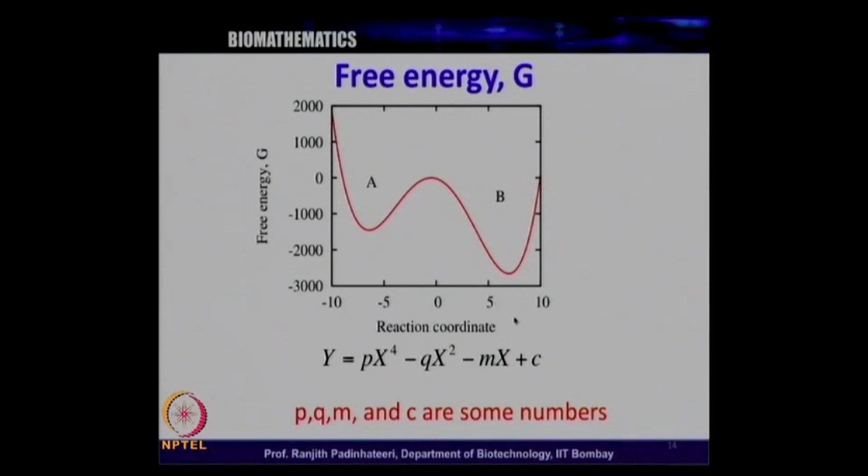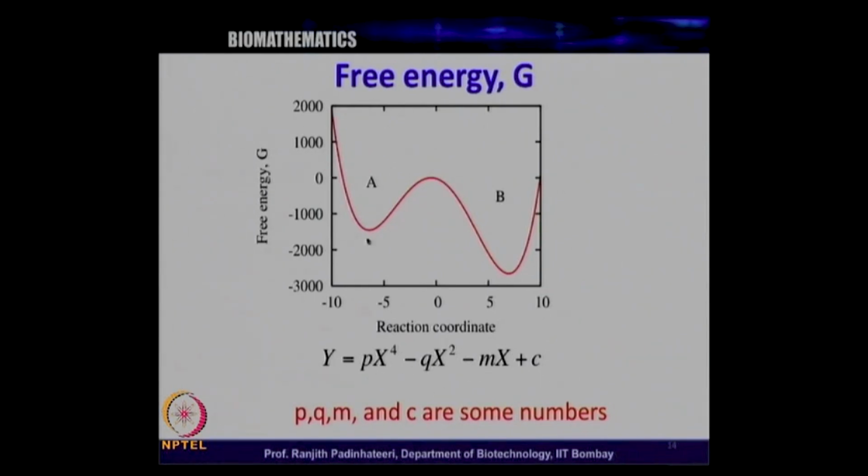We can get this by plotting a function which is some constant p times x power 4 minus some other constant q times x power 2 minus some other constant m times x plus some other constant c. If we plot this function, we will get this. p, q, m and c are some numbers here. So take different numbers for p, q, m and c and try plotting this.